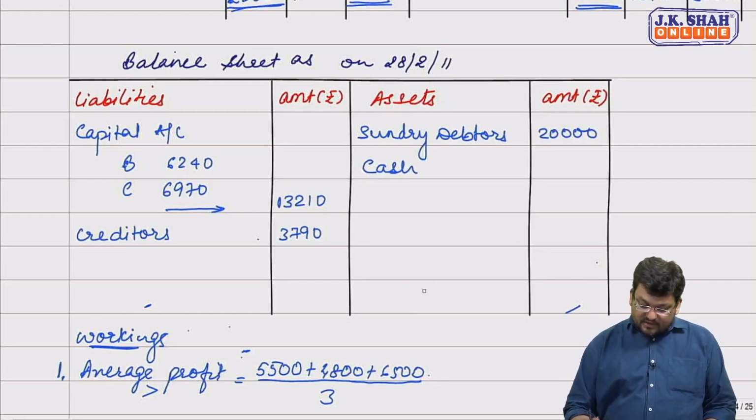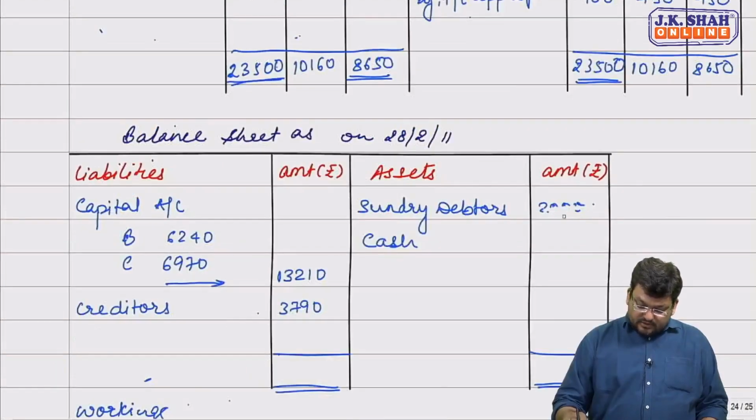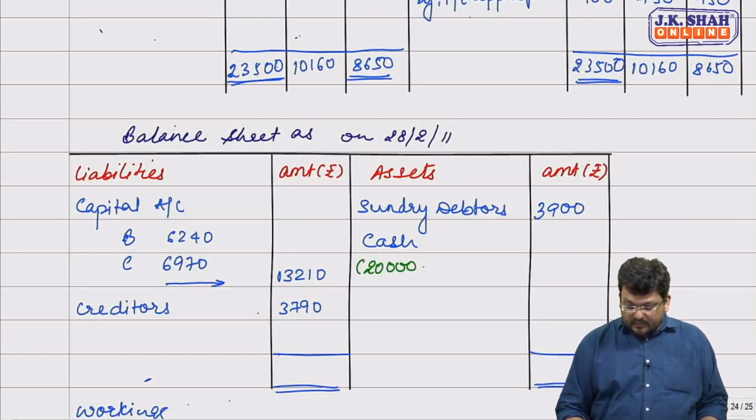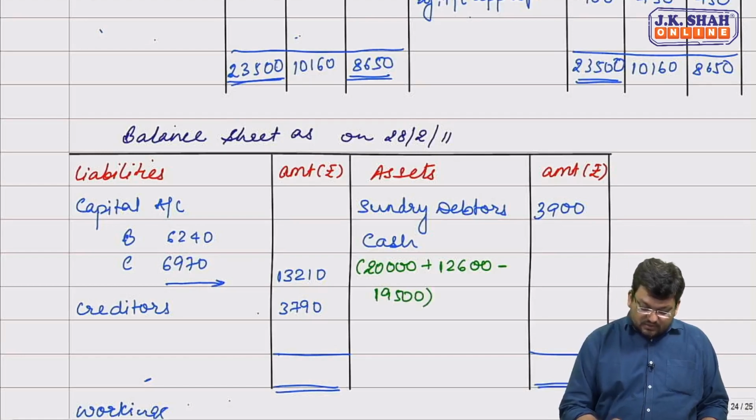Now cash balance we are supposed to calculate. Sundry debtors are of 3,900. Cash balance, opening cash is 20,000 plus 12,600 received from insurance company minus 19,500 paid to A's executor.